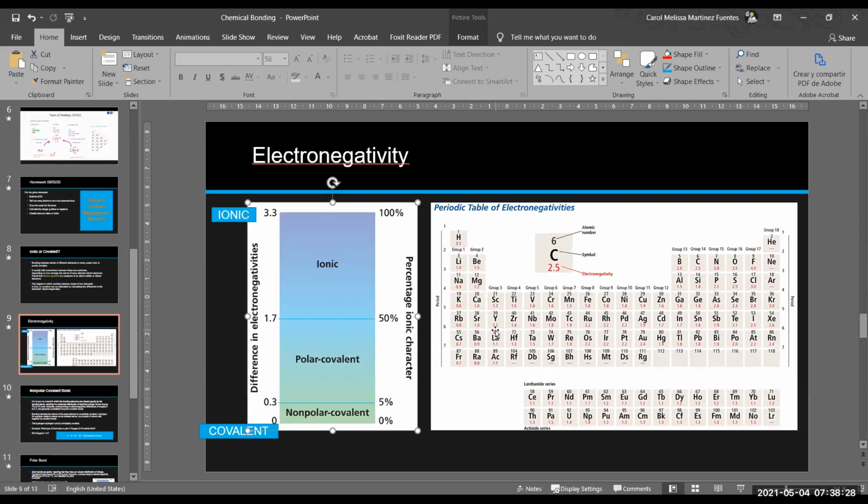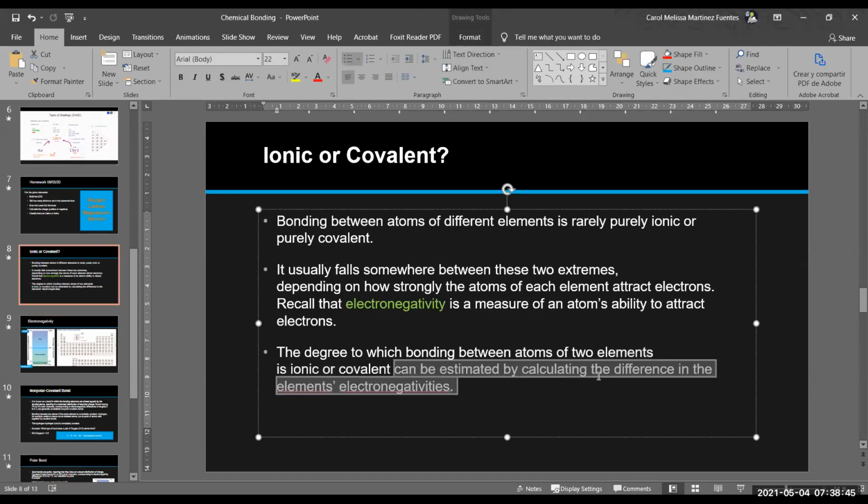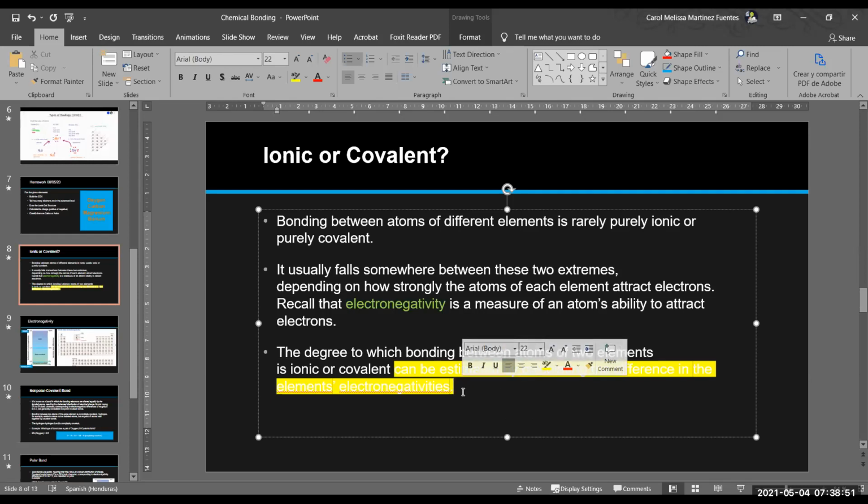The idea is that you have to subtract. This is what I wrote over here: can be estimated by calculating the difference between the elements' electronegativities.